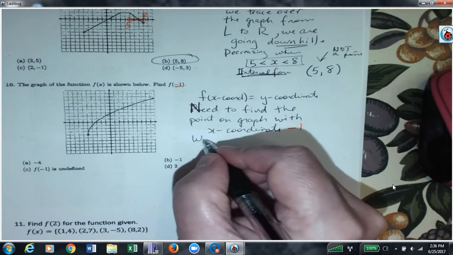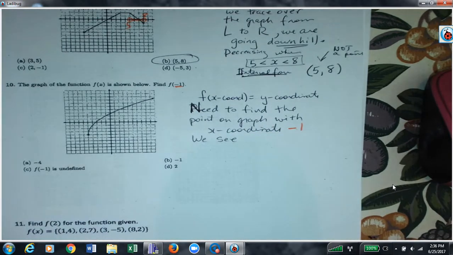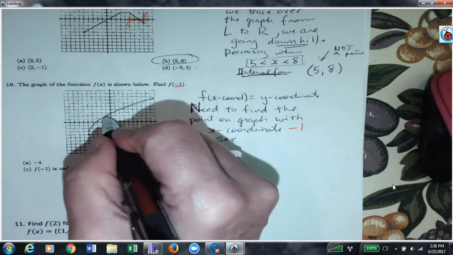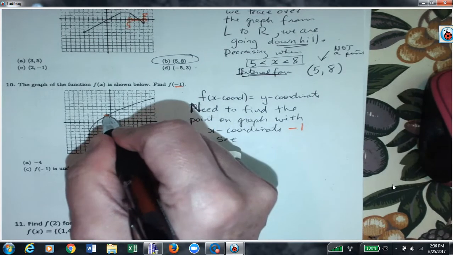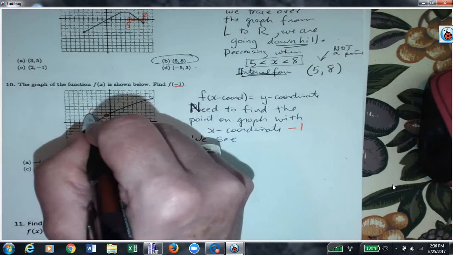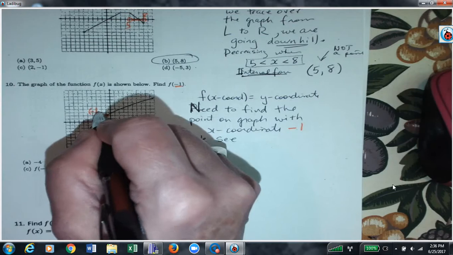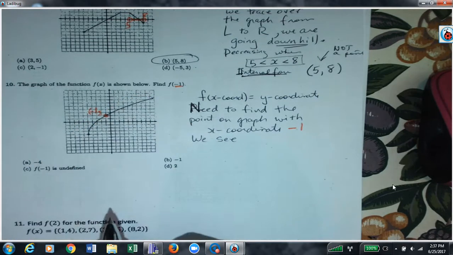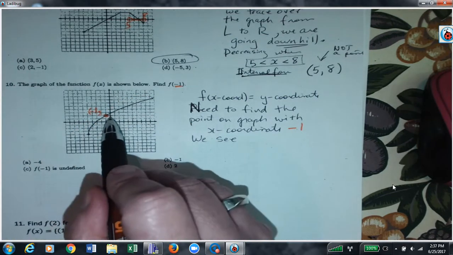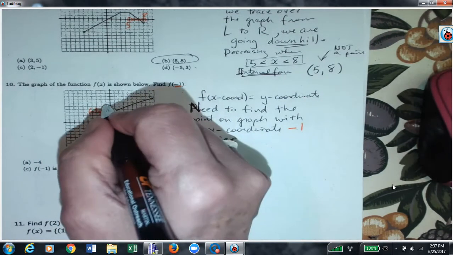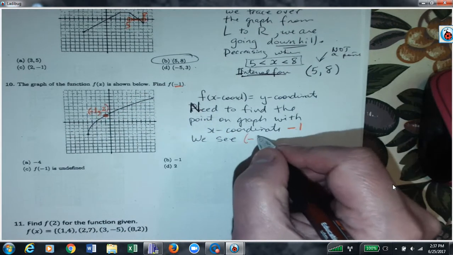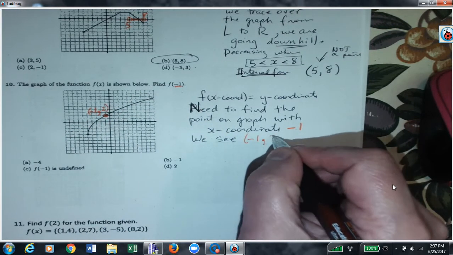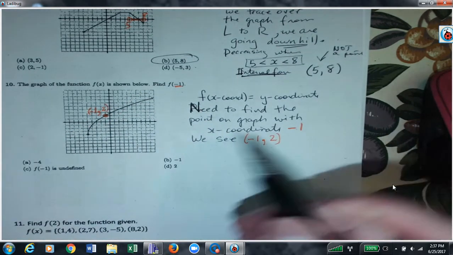And we see this point here has x coordinate -1. What's the y coordinate? The y coordinate is 2. So we can see that the point -1, 2 is on the graph.